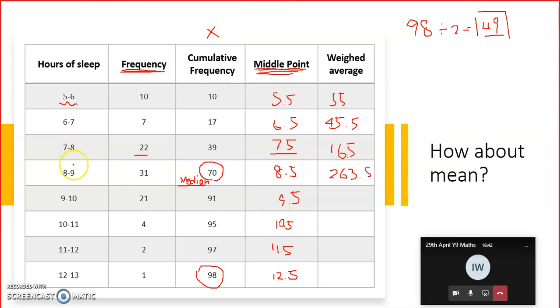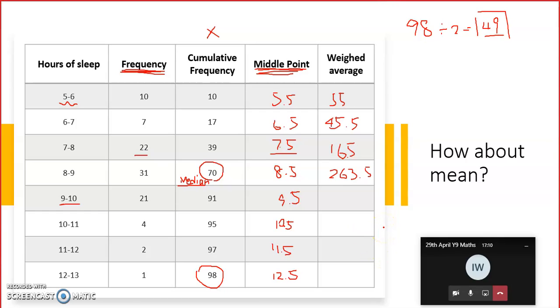So basically you need to have two numbers. The first number is the frequency. What's the frequency for this group? Good. And then we need to find a midpoint, which is the average of this group. So which is, think again, between 9 and 10.